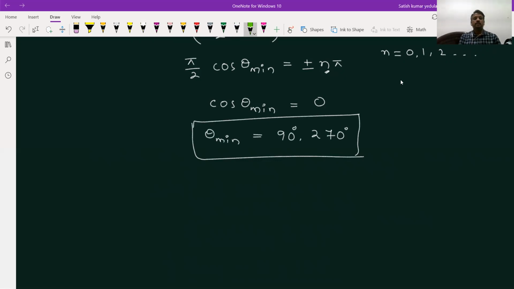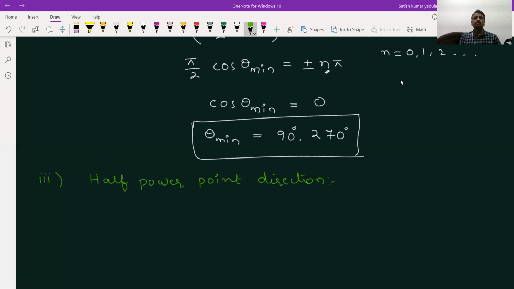Next, the third case is half power point direction. By using this we can get the half power beam width. That is what the half power point direction is.